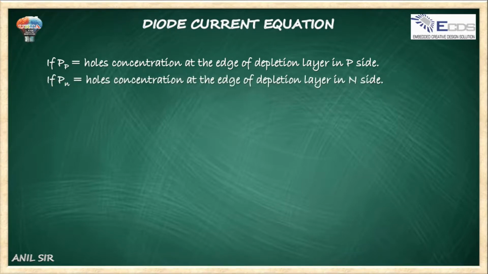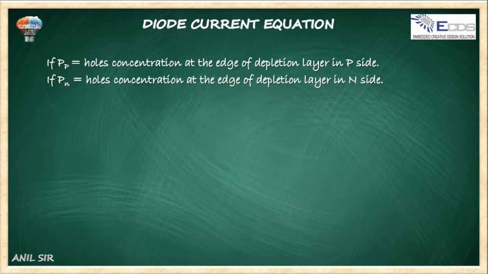In the same way, Pn, capital P suffix n, is the hole concentration at the edge of the depletion layer on the N side. In a PN junction diode, holes are the majority charge carriers on the P side and holes are the minority charge carriers on the N side.